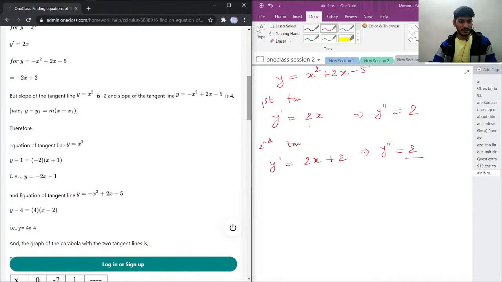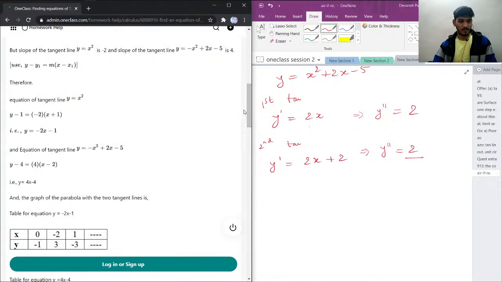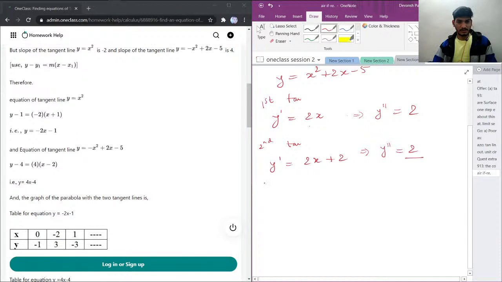How do we get y1? I am not sure. Y minus y1 equals m times x minus x1.